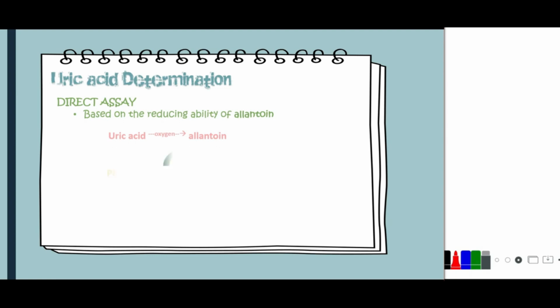So if we add phosphotungstic acid, allantoin will reduce it to tungsten blue. And tungsten blue will then be measured spectrophotometrically. So absorbance exhibited by tungsten blue will be directly proportional to the level of uric acid present in the patient's sample. This reaction involved in the direct assay of uric acid determination is called the Carraway reaction.